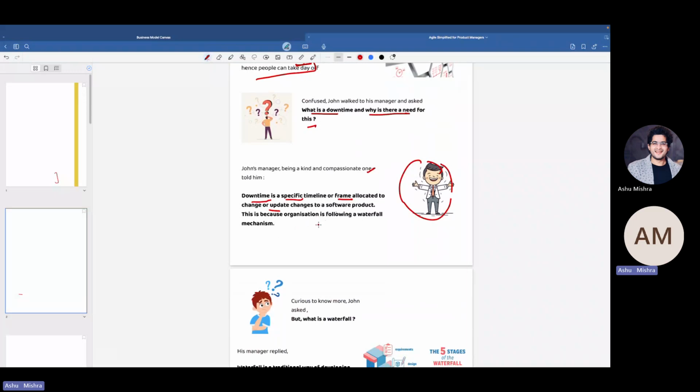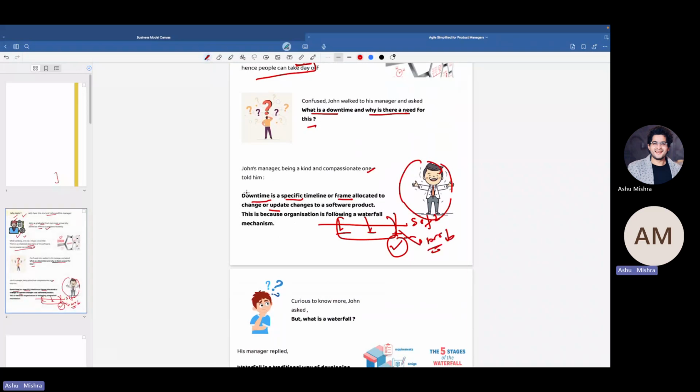So essentially what was happening? The whole software was bifurcated into different levels. One of these levels would have some kind of deployment, hence the whole system has to be brought down for a little while, and hence this downtime came.